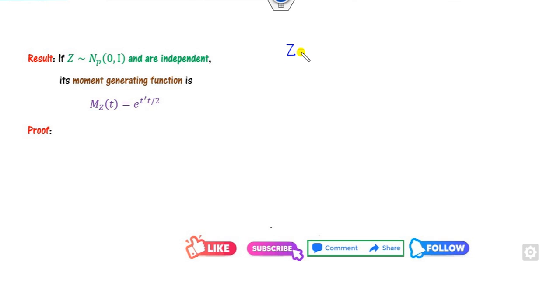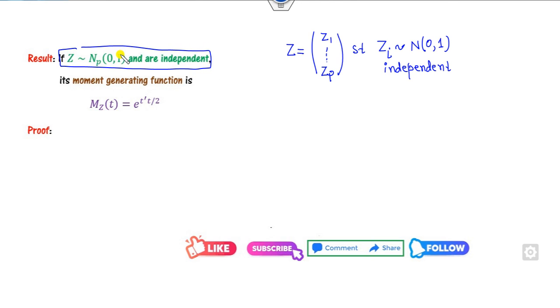If Z is multivariate normal, Z1 up to Zp, such that each Zi follows the normal distribution 0, 1 and they are independent. This is the meaning of this first line. Then your target is to prove the moment generating function of this result.